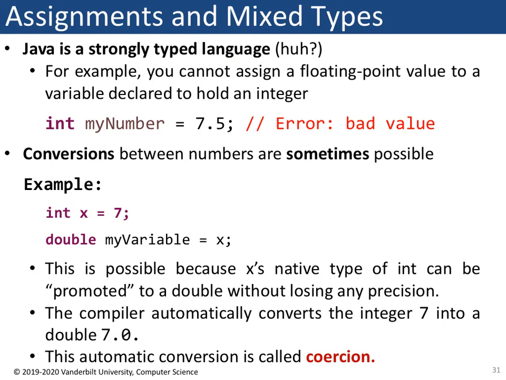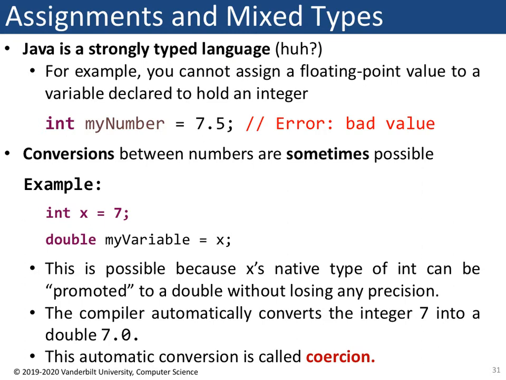The reason is because x's native type is an integer, which can be promoted to a double without losing any precision. Notice when we were talking about going from a double to an integer, we were losing precision, and therefore we couldn't do that. A double cannot be promoted to an integer. That would lose information. However, an integer can be promoted to a double without losing any information.